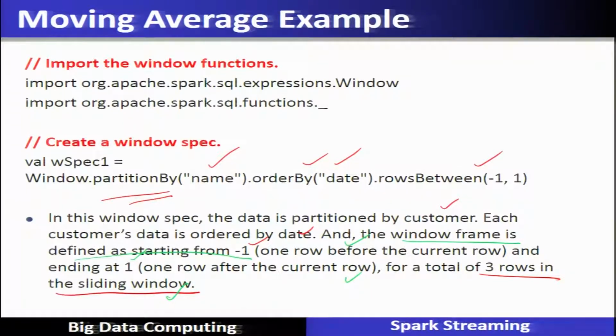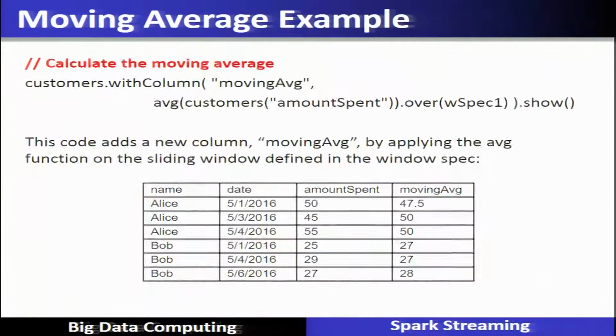So having understood this notion, in this statement written in Scala we have to specify it using window specification. So window partition by the name, order by the date, and rows between -1 and 1. That will specify the window operations.